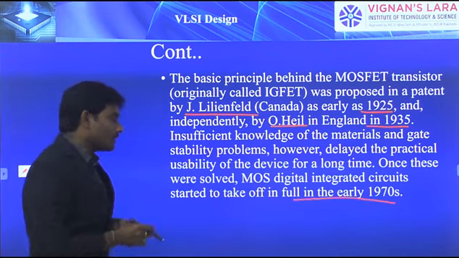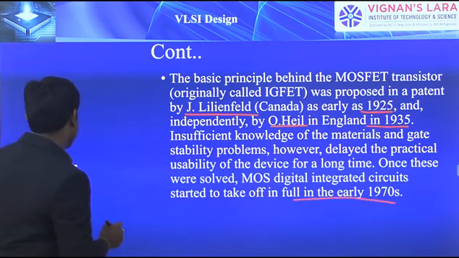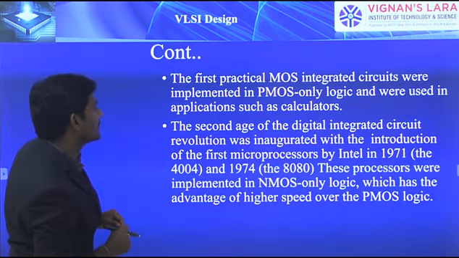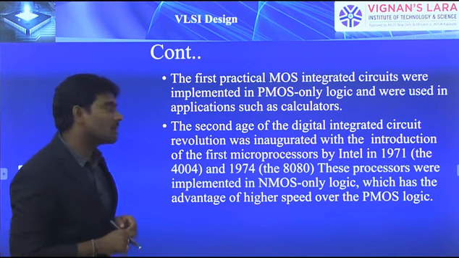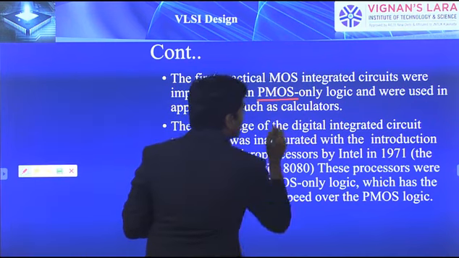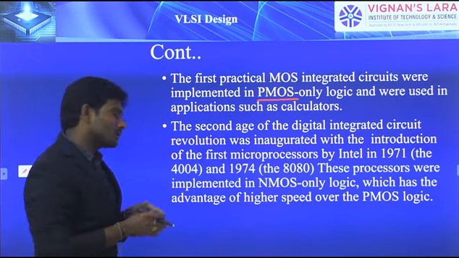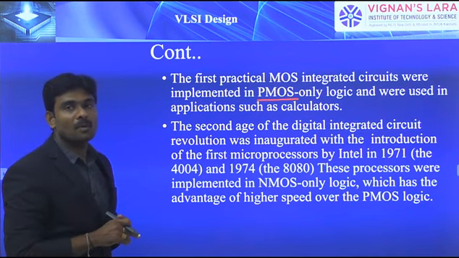MOSFETs finally started to take off in full in the early 1970s, and from there onwards MOSFET ICs were introduced. In MOSFET, the first logic family developed was PMOS, P-channel metal oxide semiconductor. Because it is P-channel, the channel is made up of holes.